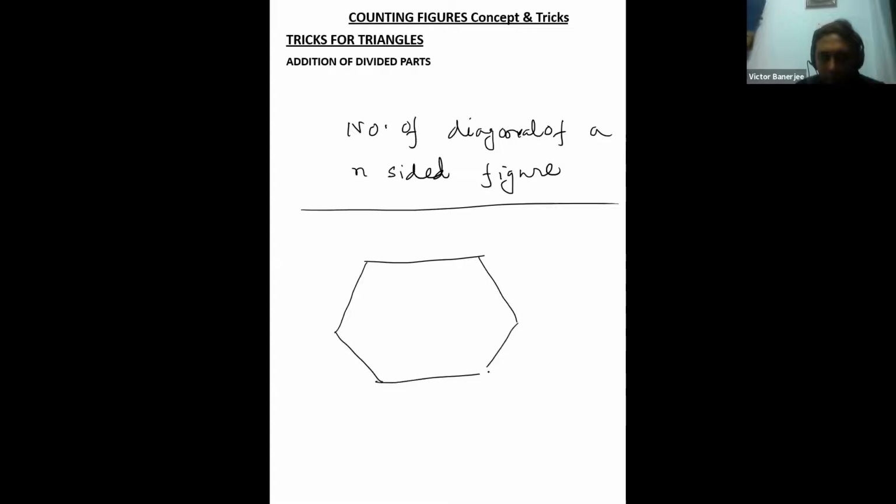And if you have to calculate the total number of lines, if all the diagonals are connected like this.